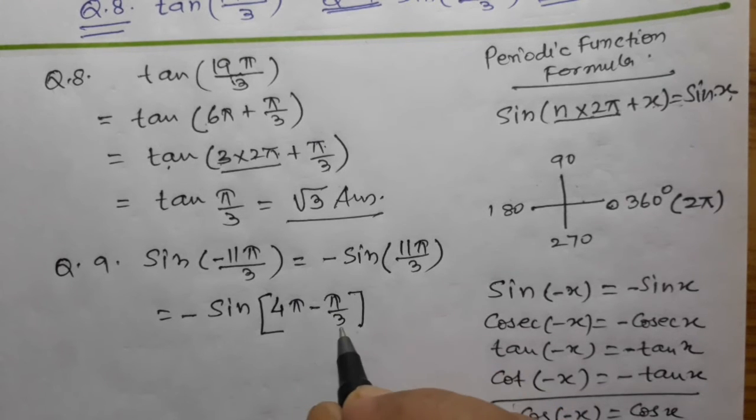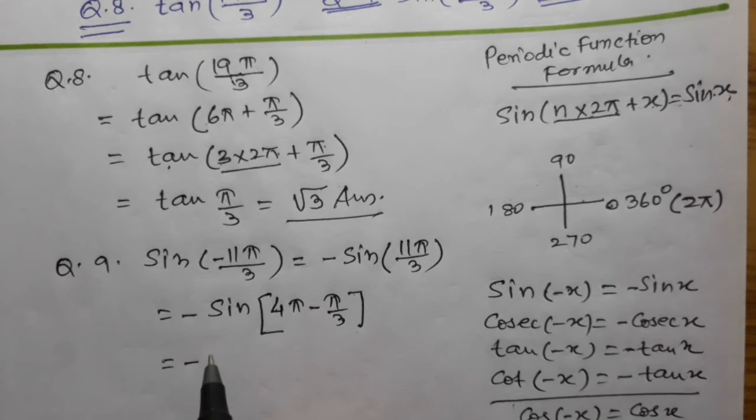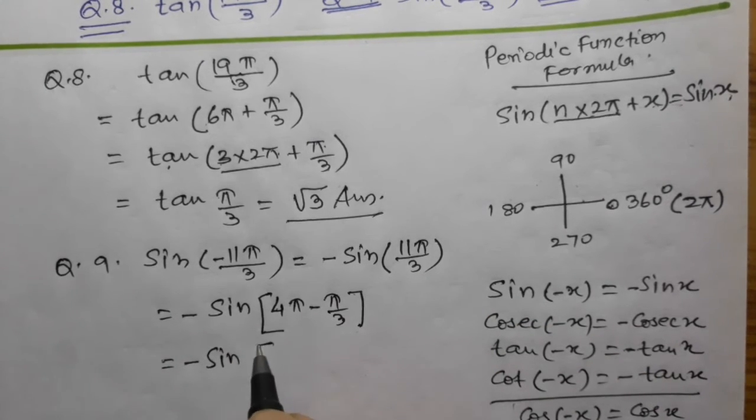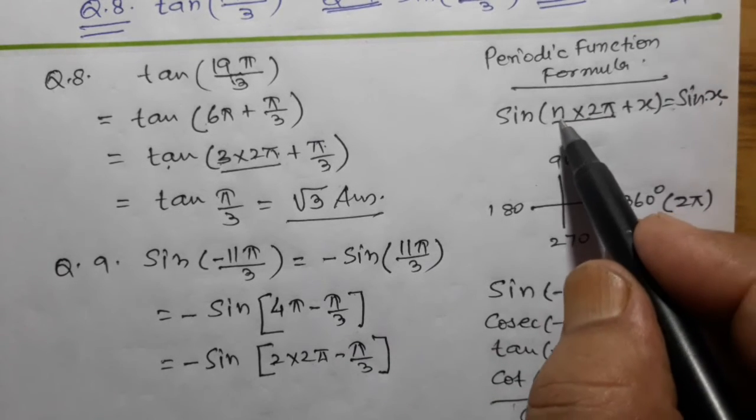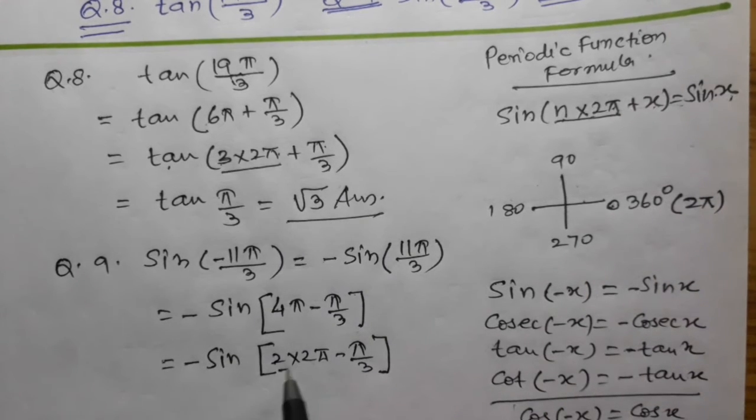This we can also write as 3 into 4, 12 pi minus 1 pi is equal to 11 pi, and this can be written as minus sine of 2 into 2 pi minus pi by 3. Okay, so n into 2 pi, like 2 into 2 pi, can be ignored, so it will be minus sine of minus pi by 3.